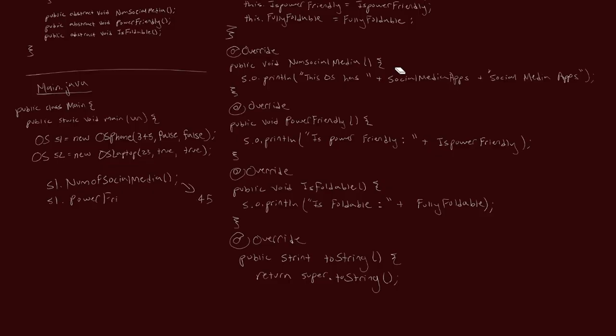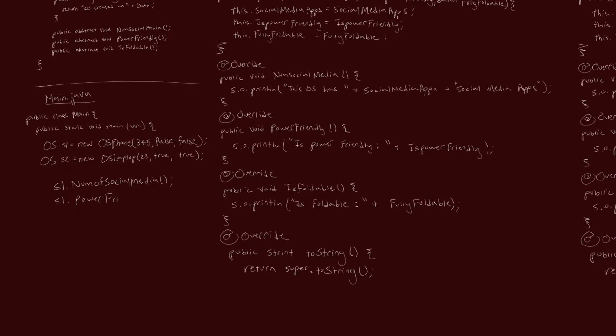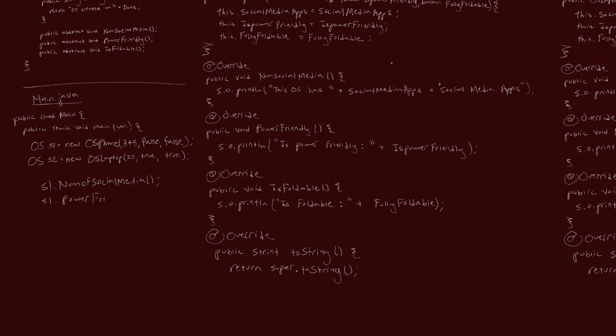Oh sorry, it's not going to print out 345. Sorry, it's going to print out the print statement. So it's going to print out "This OS has 345 social media apps." So if we do s1 dot powerFriendly, then it's going to pretty much print out "is power friendly" and give false. Then we do s1 dot isFoldable. Then it's going to print out "is foldable" and put false.